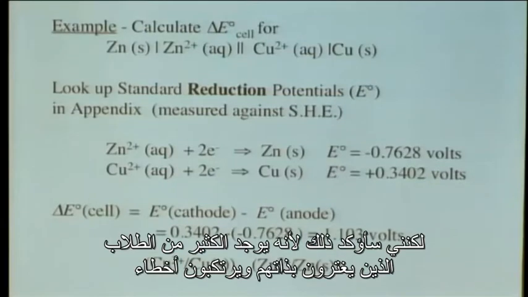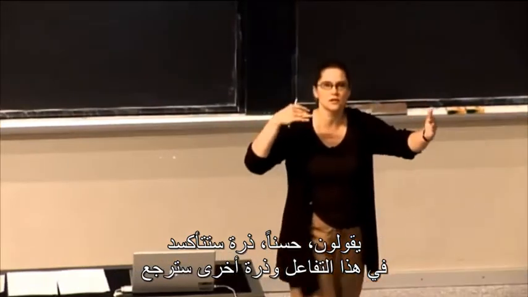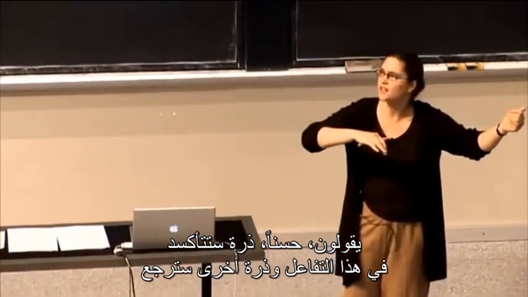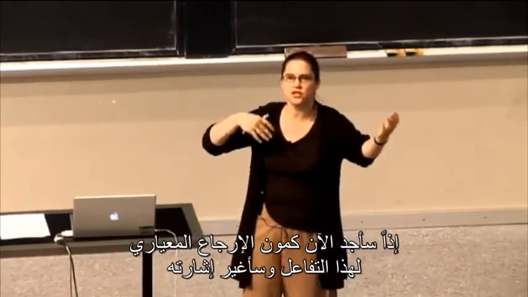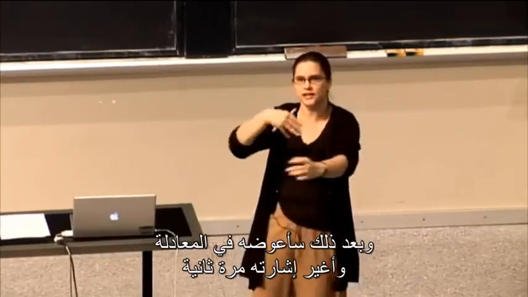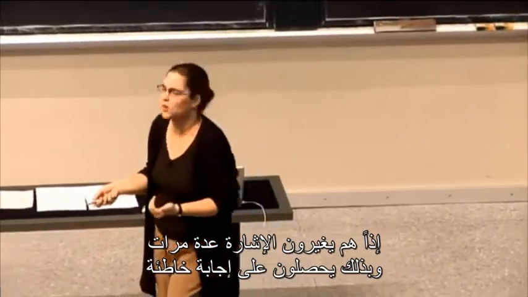This is a pretty easy thing to do, but I'm emphasizing it because a lot of people out-clever themselves in doing this. They say, well, one thing is being oxidized in this reaction, one thing is being reduced. So I'm looking up a standard reduction potential, I'm going to change the sign and then plug it in and change the sign again. And so they change the sign so many times and they come up with the wrong answer.